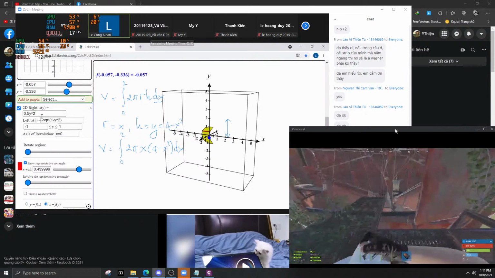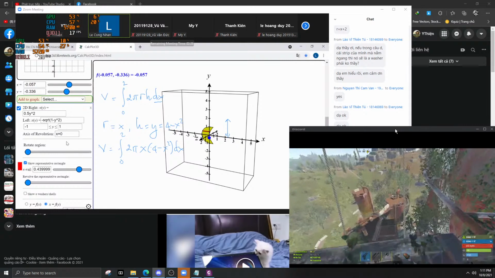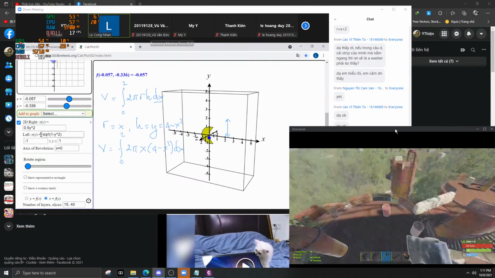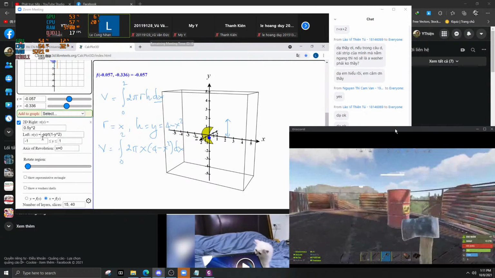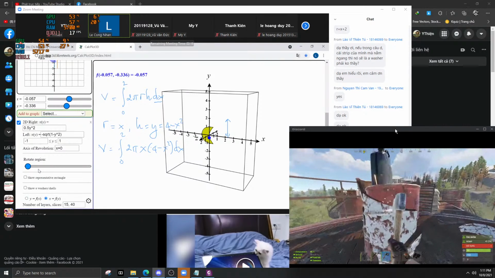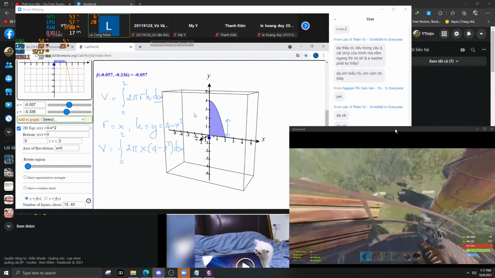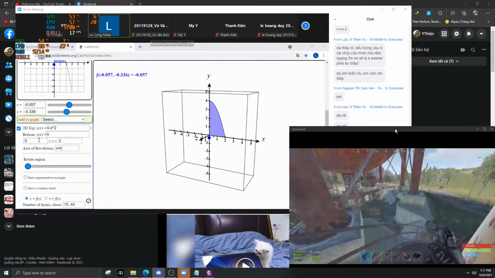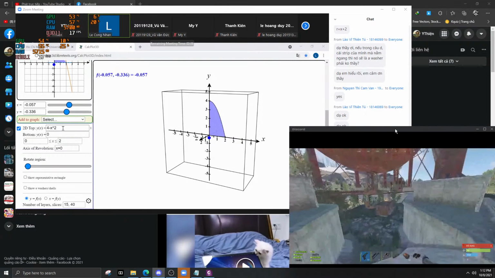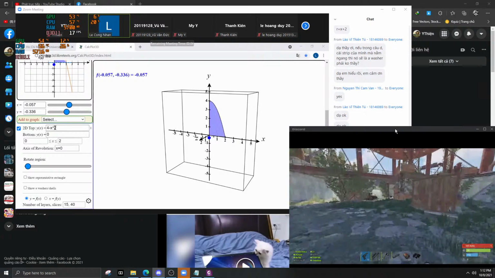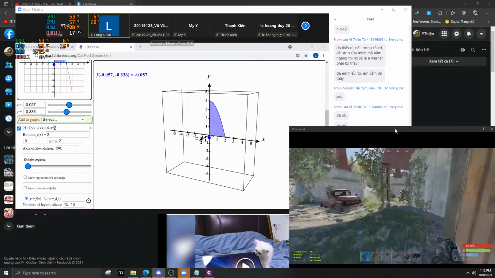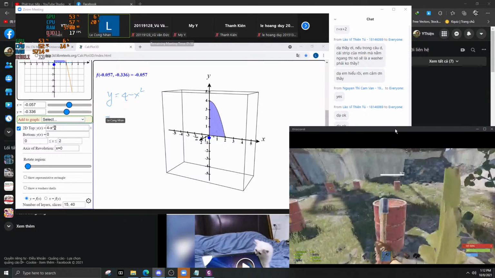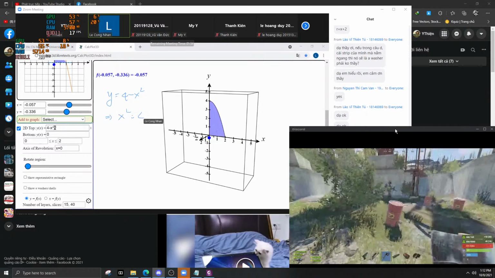Here we have y equal 4 minus x squared, and therefore if we represent x in terms of y, we have x squared equal 4 minus y.